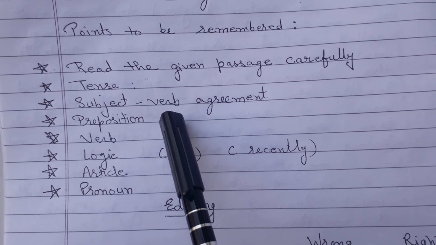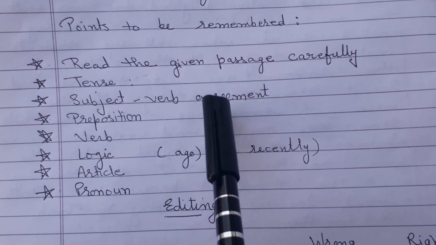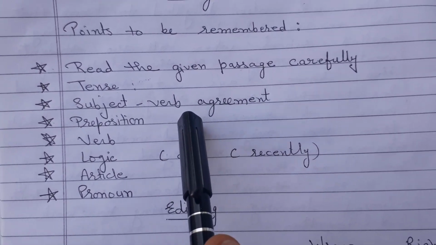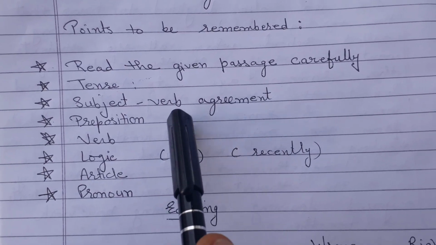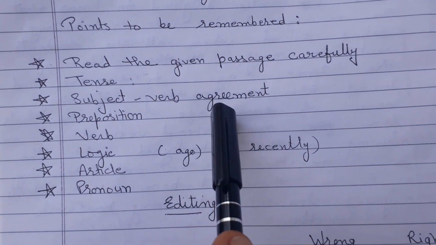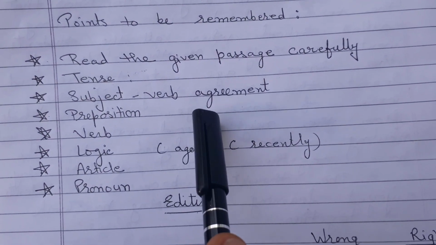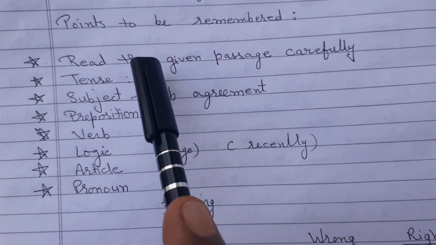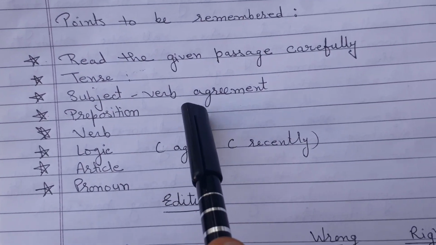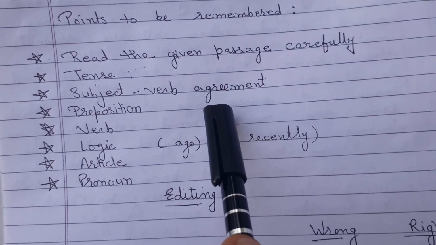So you will have to see what subject is there and there may be the mistake of the verb. It means the verb may not be according to the subject or it may be left over. If it is left over, then also you will have to see the tense. According to the tense and according to the subject, you will have to put the verb.